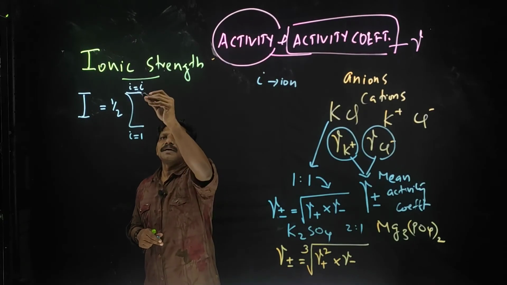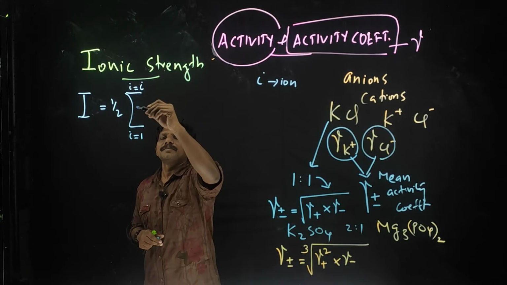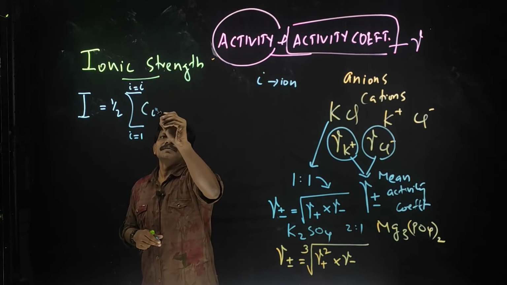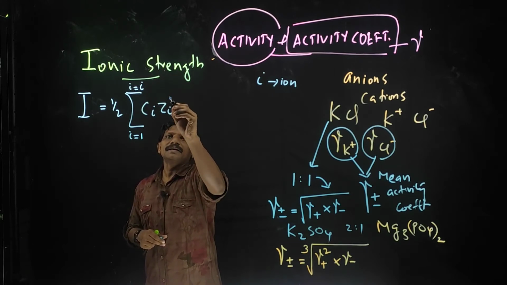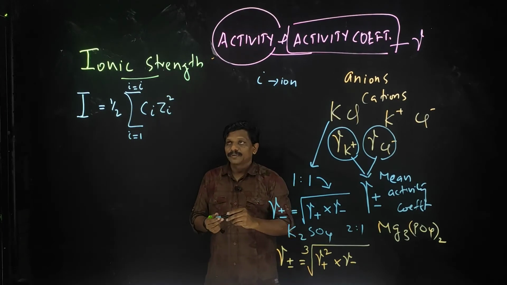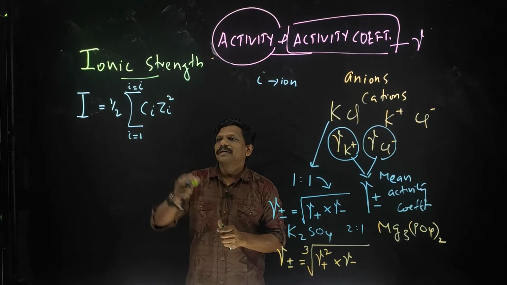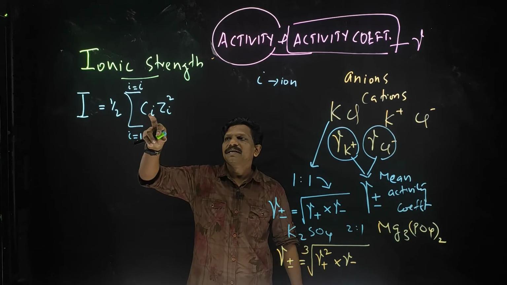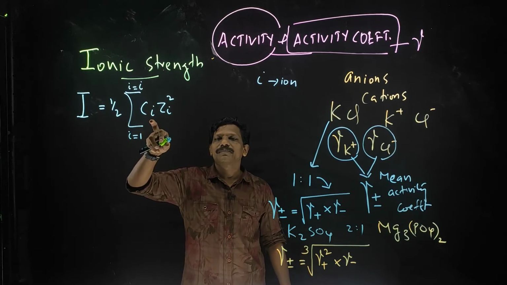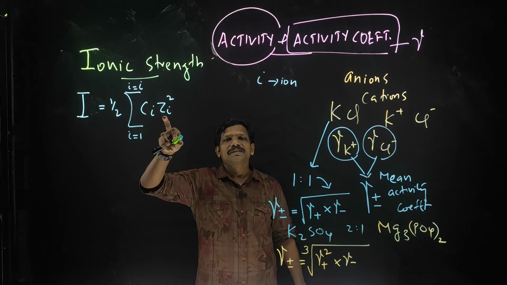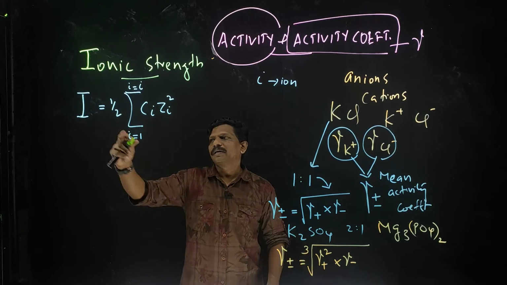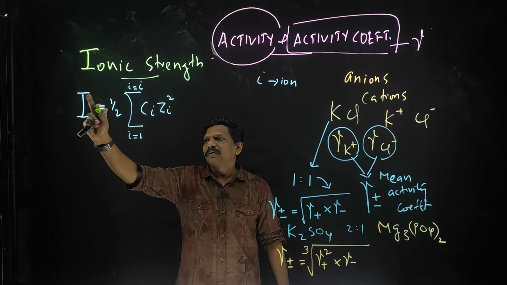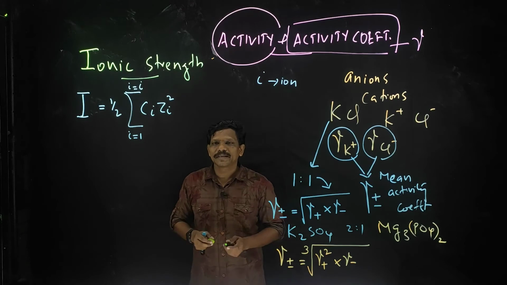So this is the equation for ionic strength. What is C? C is the concentration of the ion, and Z is the charge of the ion.